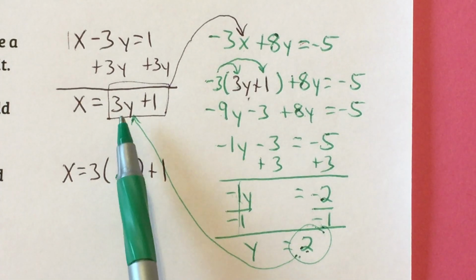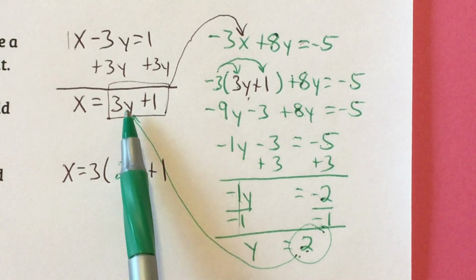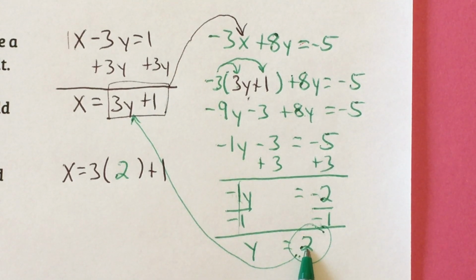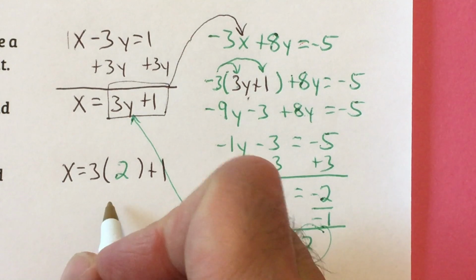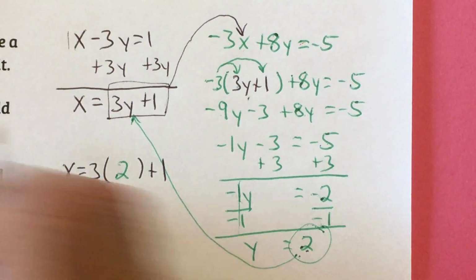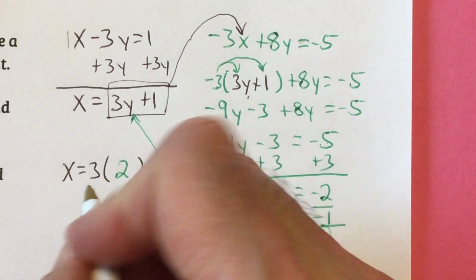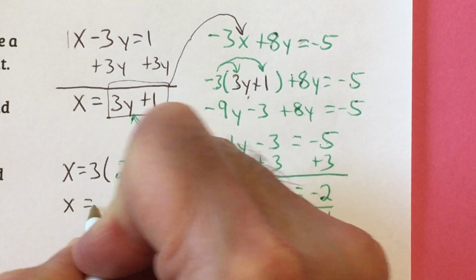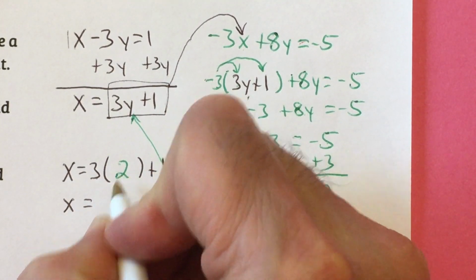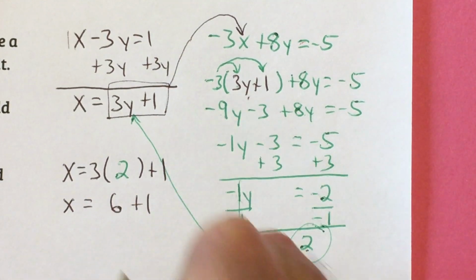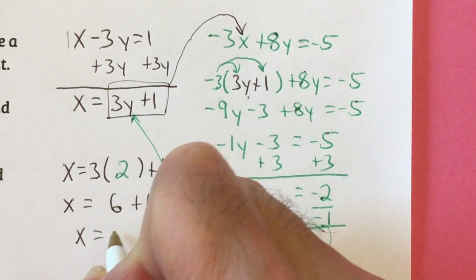Remember, you can only substitute when they're equal. Well, I can take the y out because y equals 2, and I can put the 2 in its place. That's what substitution means. Don't try to memorize all this. Have your notes handy. Follow the steps. But if you understand it, that's even more important. 3 times 2 is 6, plus 1. x equals 6 plus 1, 7.